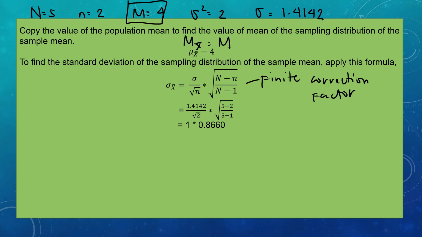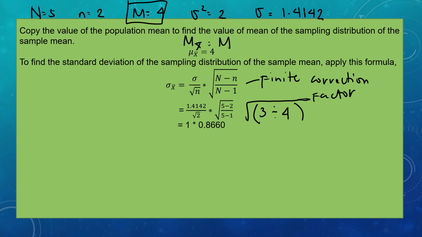Now, how are you going to solve the square root of 5 minus 2 all over 5 minus 1? You simplify 5 minus 2, that is 3, and then 5 minus 1 is 4. So it's simply 3 divided by 4. To simplify this using a scientific calculator, press square root of parentheses 3 divided by 4 close parentheses.